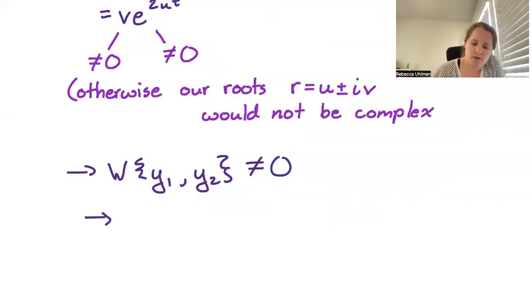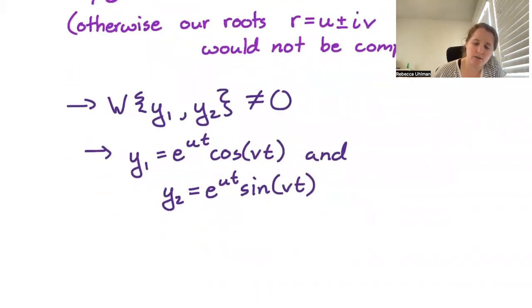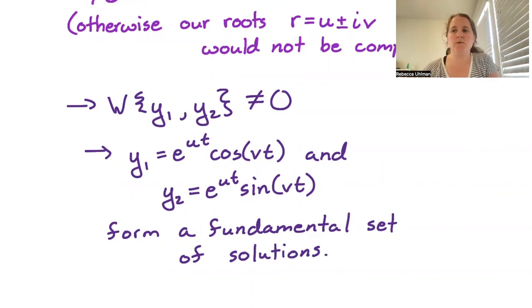And therefore, y1 equaling e to the ut cosine of vt and y2 equaling e to the ut sine of vt form a fundamental set of solutions. So in the next video, we will do a little practice actually solving for these solutions.